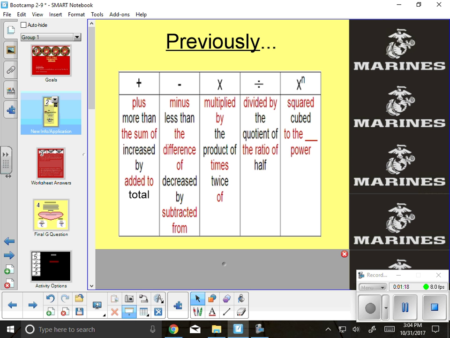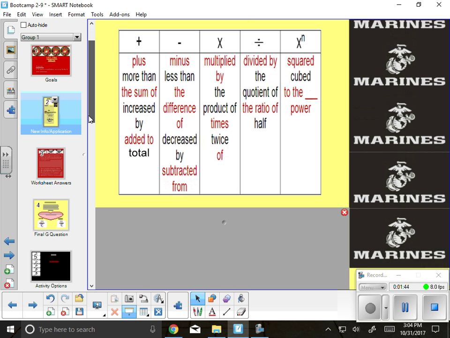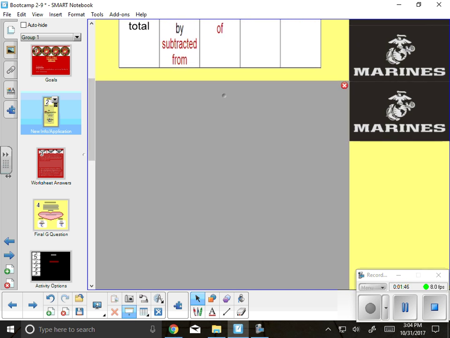For subtraction, you're going to see minus, less than, decrease by, subtracted from. For multiplication, you're going to see multiplied by, the product of, times, twice, or of. With division, you're going to see divided by, the quotient of, half, or the ratio of. And then for the power, you're going to see squared, cubed, to the power of blank. So I just want you to keep that in your mind as we're going through these problems.